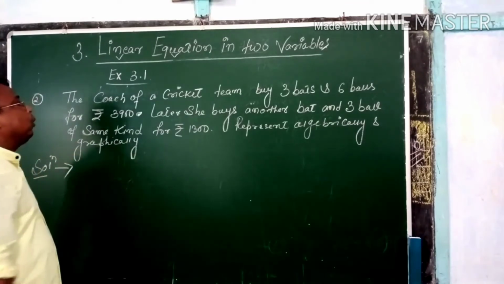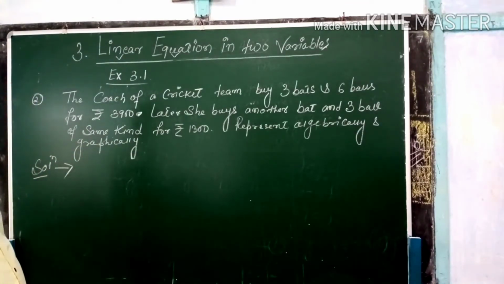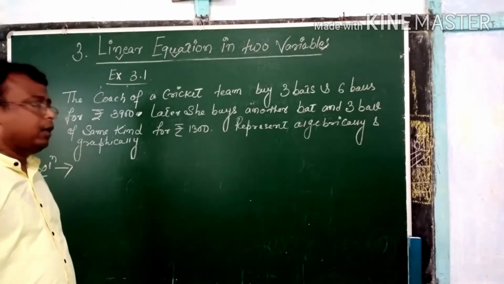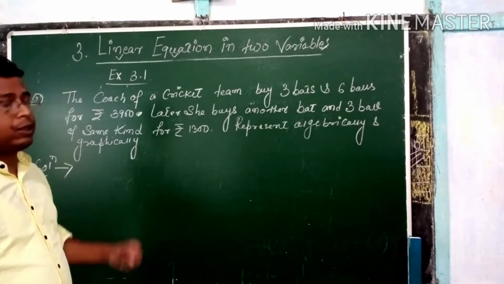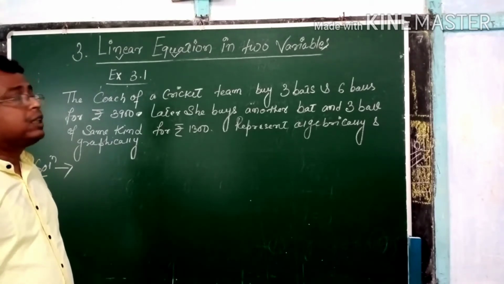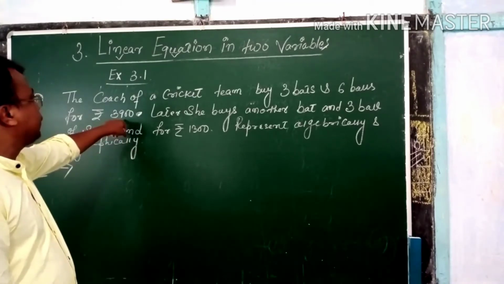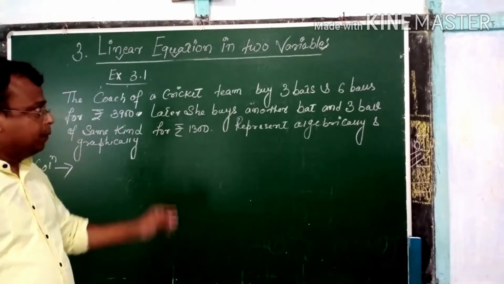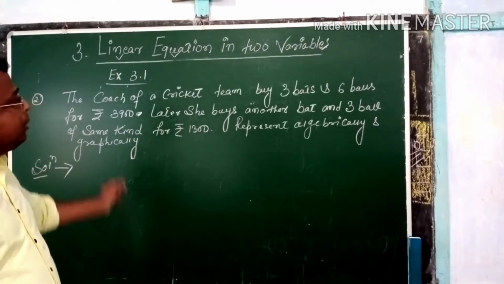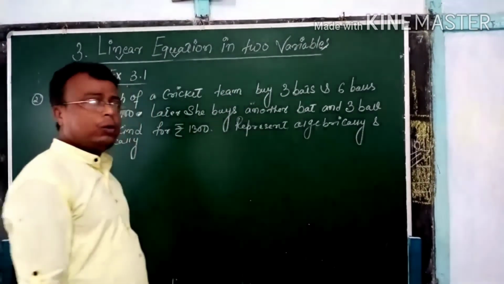The coach of a cricket team buys 3 bats and 6 balls for rupees 3,900. The coach purchased 3 bats and 6 balls together. Together he paid 3,900 rupees. Clear? So now in this situation, can you tell me what is unknown to you?